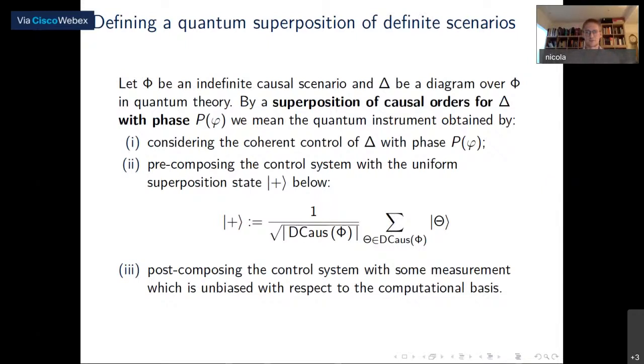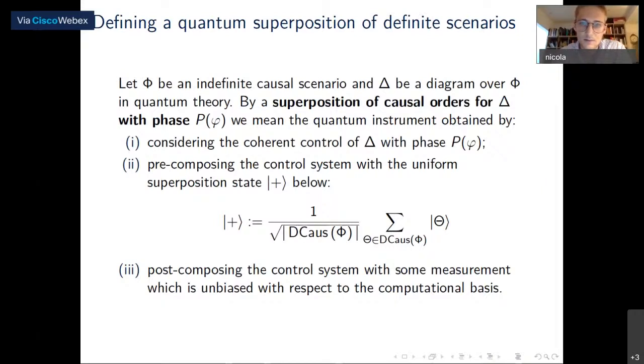It adds in the diagram another agent which is able to control this additional system that we have introduced, and this additional system will control the wirings of the diagram essentially. I don't know if I have answered the question specifically, but we take a general probabilistic theory, and we add the possibility that there is an agent which controls the causal order.